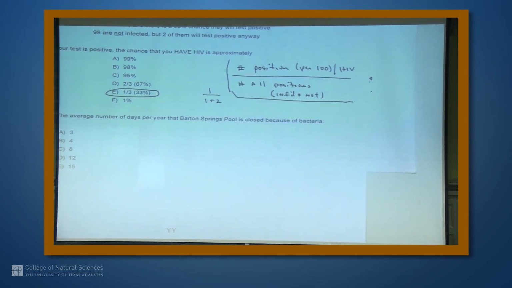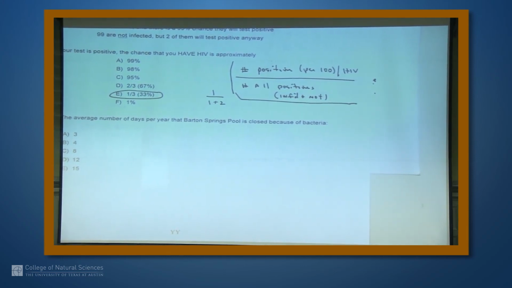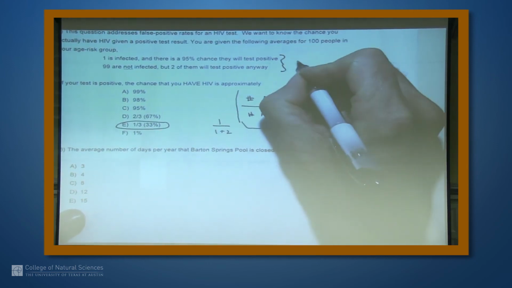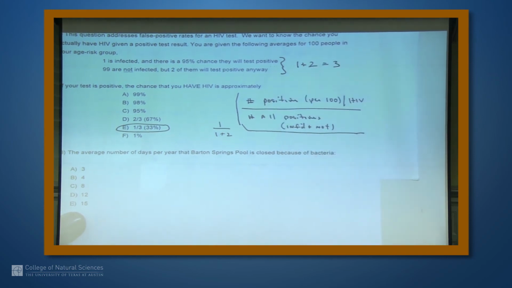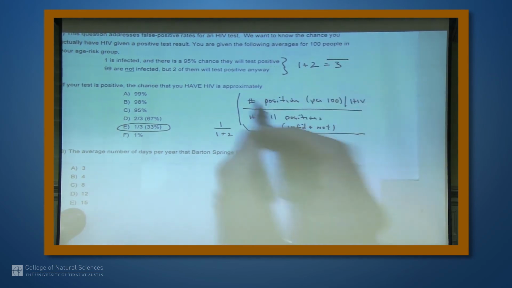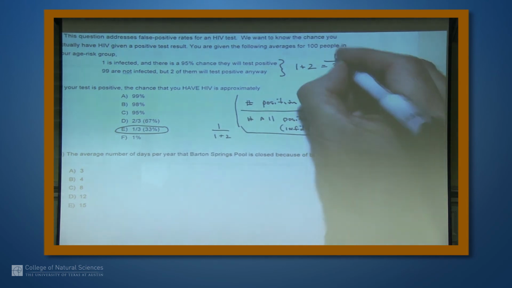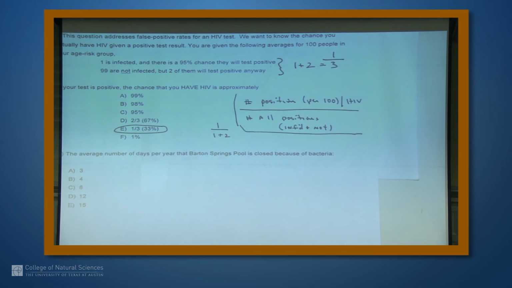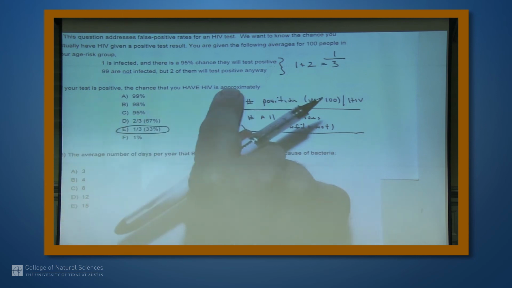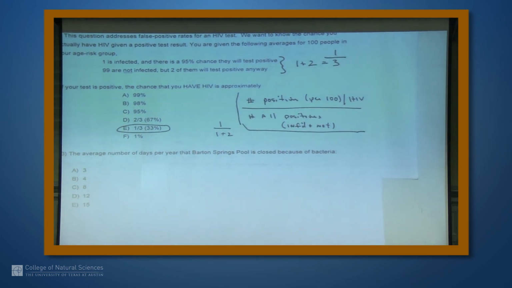We're saying out of 100 on average, these add up to 3 out of 100. What fraction of those really were infected? How many of those 3 were infected? It's 1. So that is the rate of true positives given a test result that says you're positive. So it's the amount that are actually positive over the amount that came back.